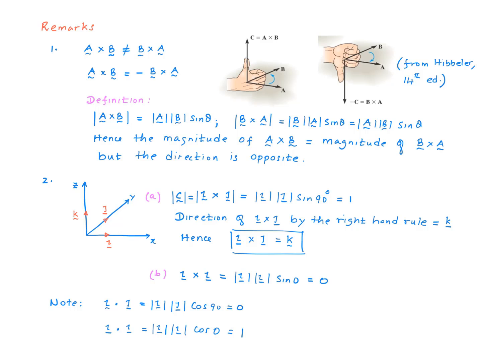You see the difference between the two, right? And similarly, i dot i is magnitude of i times magnitude of i times cosine 0, but this time cosine 0 is 1, and therefore we end up with the number 1 for i dot i. So i dot i is 1, but i cross i is 0.